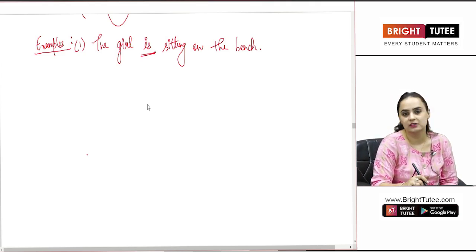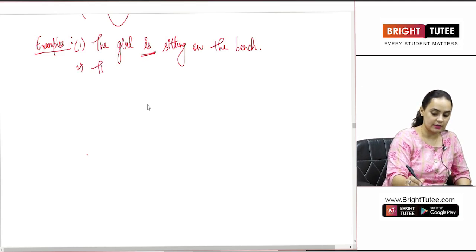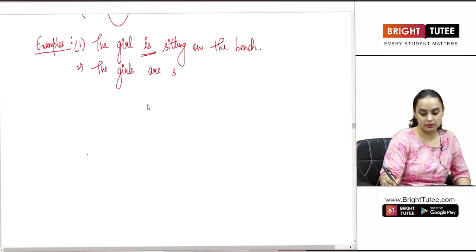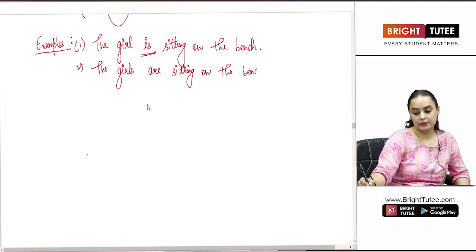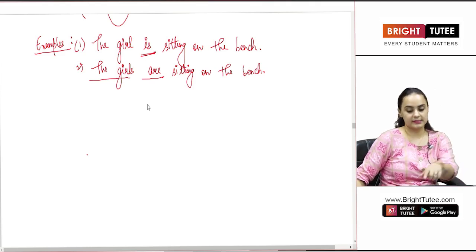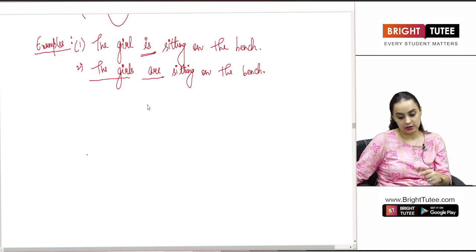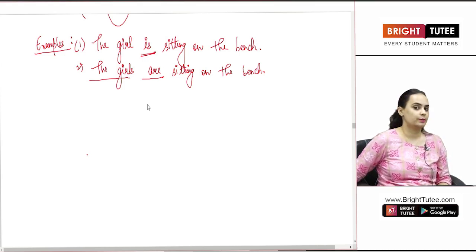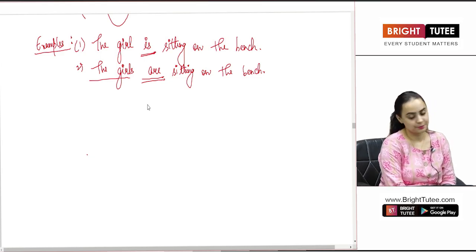I cannot say the girl are sitting. And I can say the girls are sitting on the bench. So what is the difference? The girl is singular, that is why I used is with it, because it is a singular verb. The girls are plural, so I used a plural verb with it, which is are.